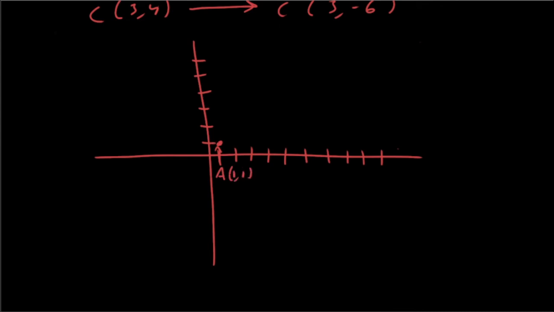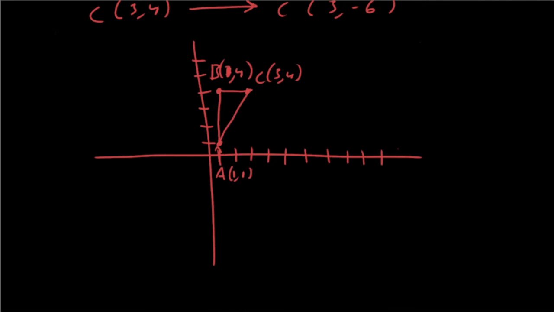B is 1, 4. And C is 3, 4. Right, here's our triangle. And let's say we want to reflect it across x equals 4.